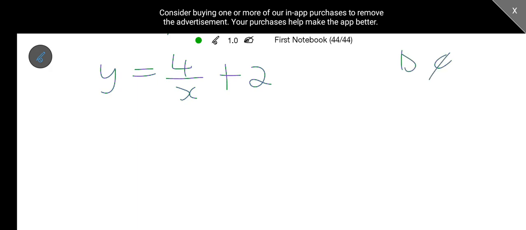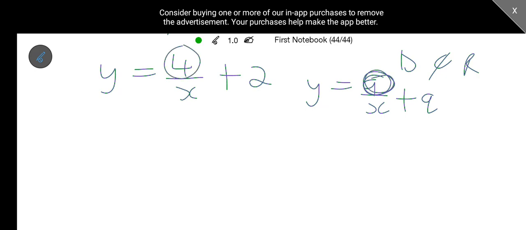First of all, we must check the basic form, given as y is equal to a over x plus q. What is the value of a in this case? That's 4. Is 4 positive or negative? Well, it's positive. This means my graph must be in this quadrant as well as this quadrant.